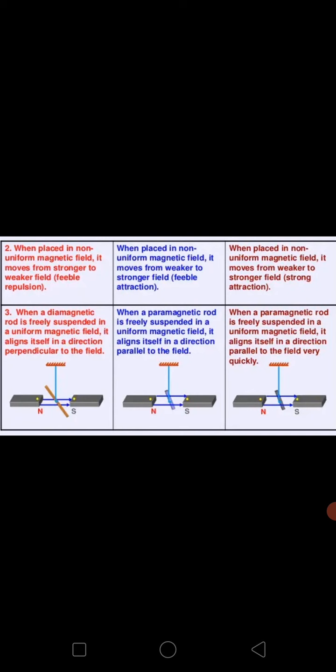In the paramagnetic substance, the rod will take some time to align itself in the direction of the field, but in the case of the ferromagnetic substance, the rod aligns quickly, at once, in the direction of the magnetic field.